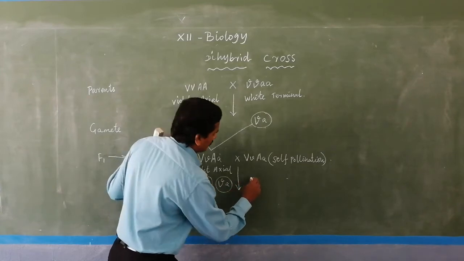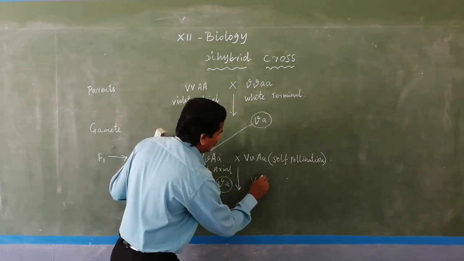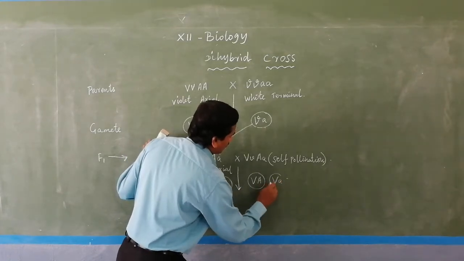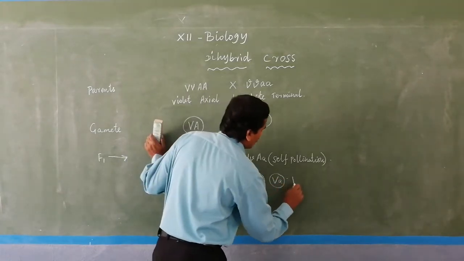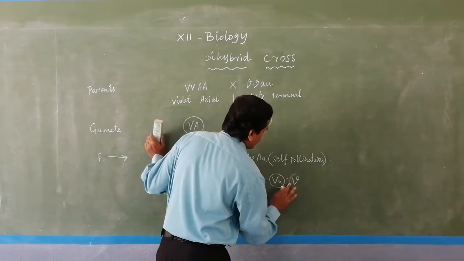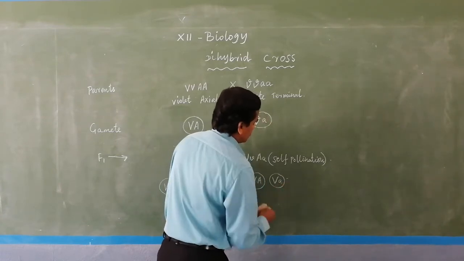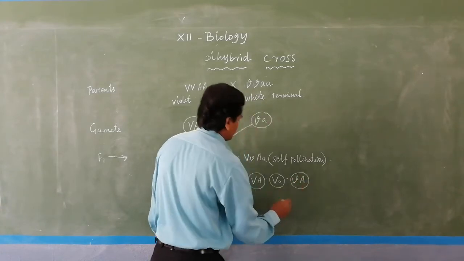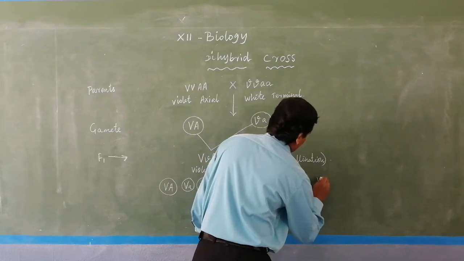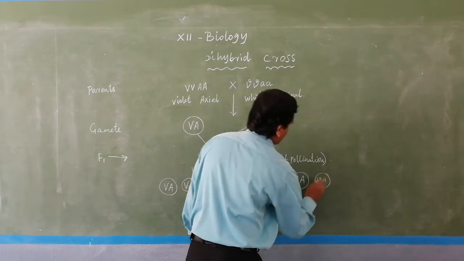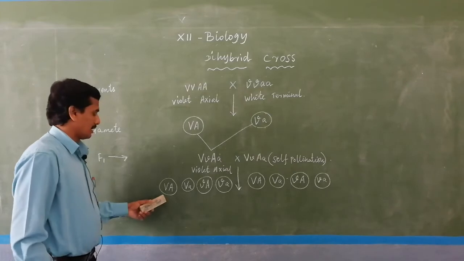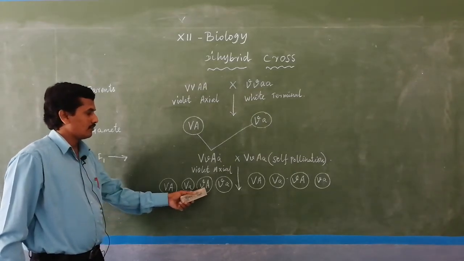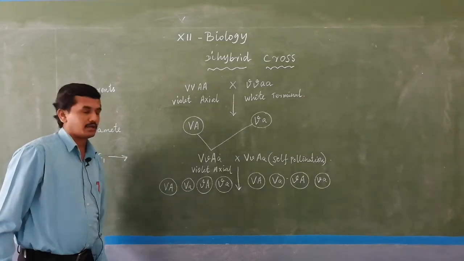So, gametes are also the same: capital V, capital A; capital V, small a; small v, capital A; and small v, small a.